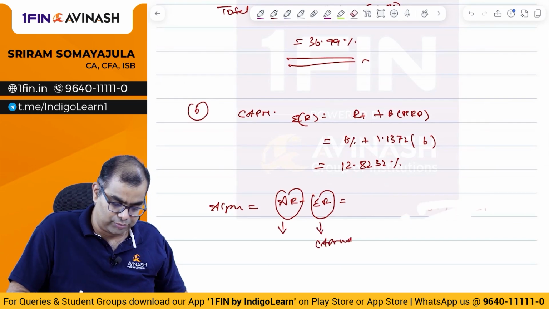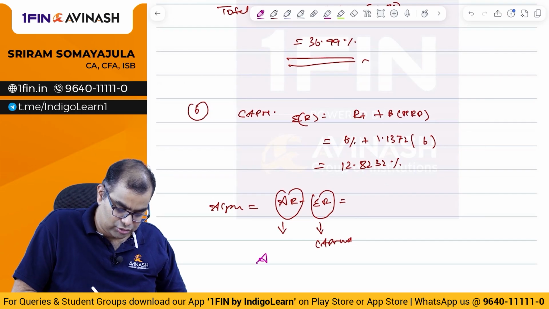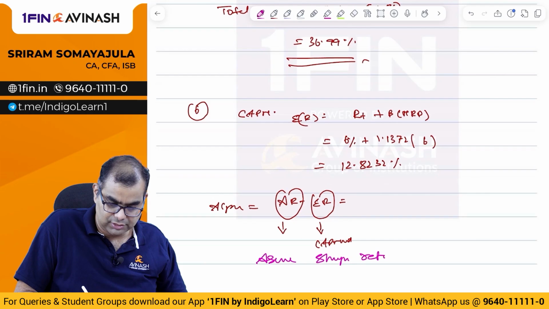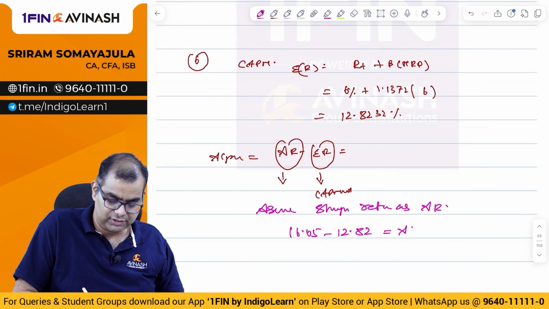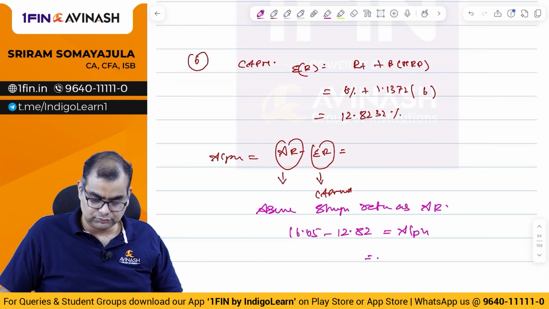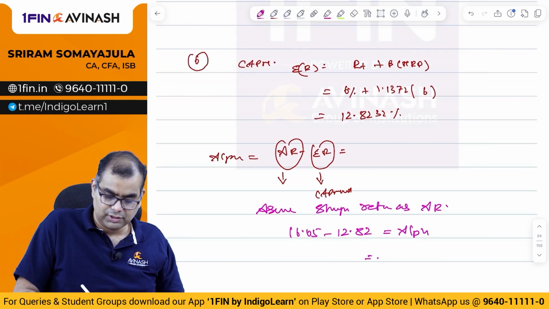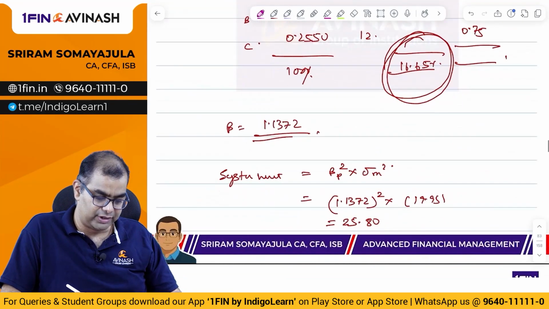So we have to assume Sharpe's return as actual return. So 16.65 minus 12.82 is equal to alpha, that's equal to 3.83.